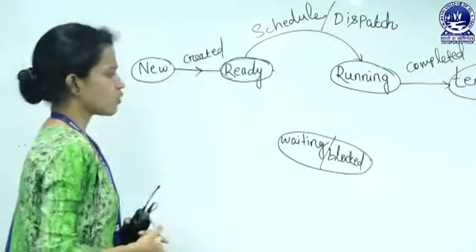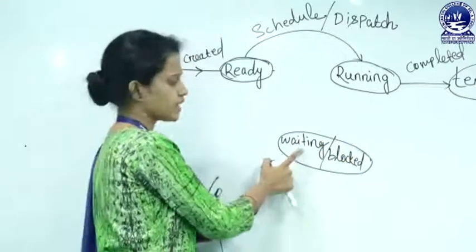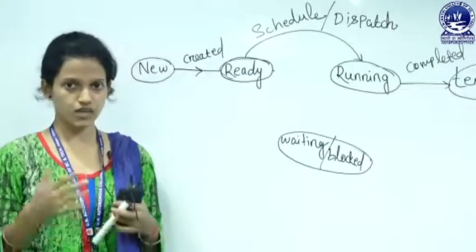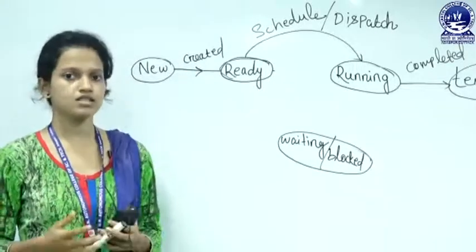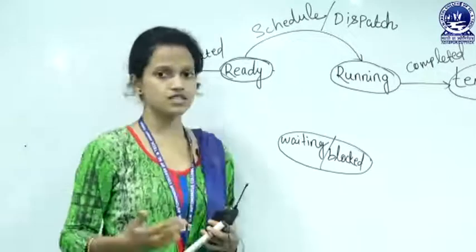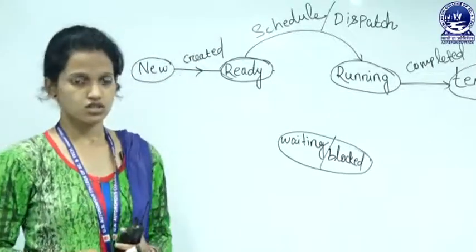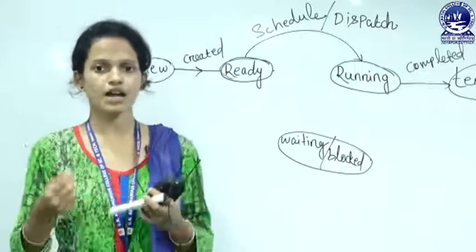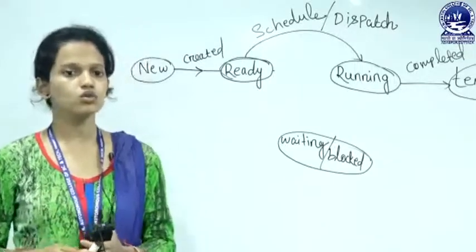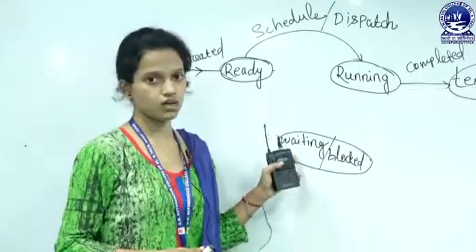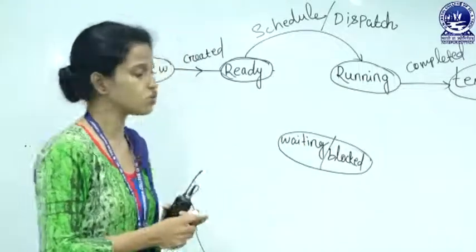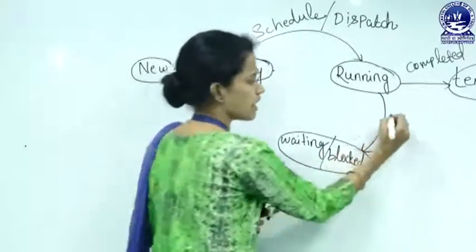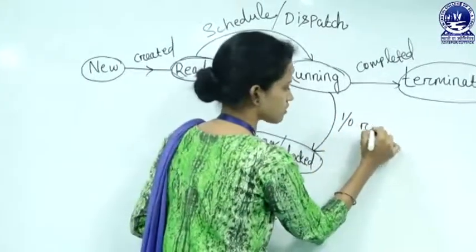Where is it required? In some cases during execution, a process needs some IO operations. When a process needs an IO request, it goes from the running state to the waiting state. So, you can write IO request.